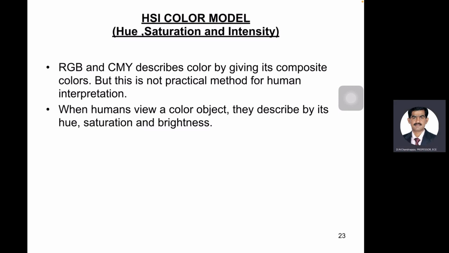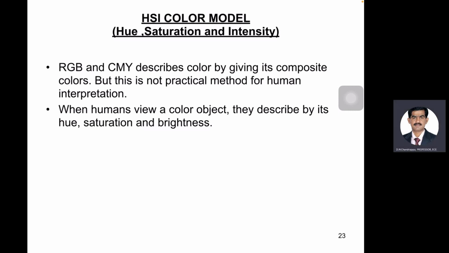To obtain HSI from RGB, take the RGB cube and stand it on the black 000 vertex with 111, white, directly above it. The intensity is along the line joining these vertices.